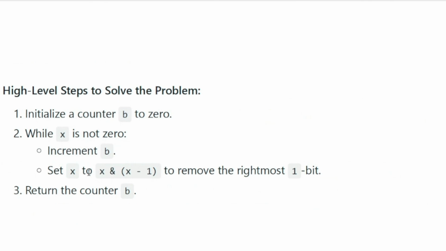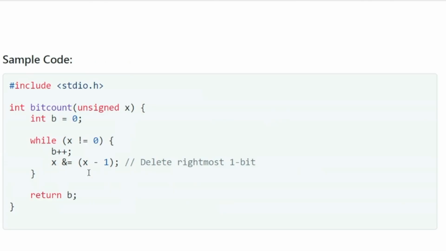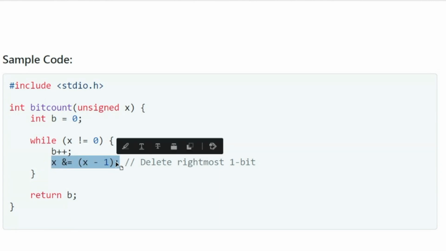But also you can convert it into a more compact version of it. So this is the more compact version of this. Every time you run it, it will delete the rightmost 1 bit from your byte.